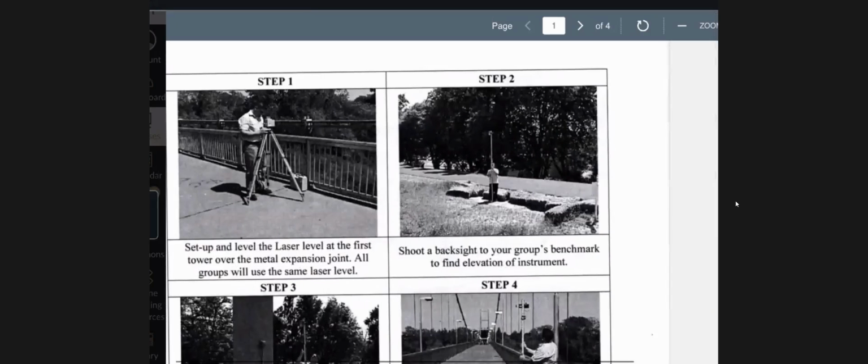So there's one error here in step 1. It's to set up and level the laser level at the first tower. This picture is not at the first tower. If you look just above the railing where the cables that support the bridge deck are, this is at the top of the bridge at its lowest point, because that's where the cables are down at their lowest point.